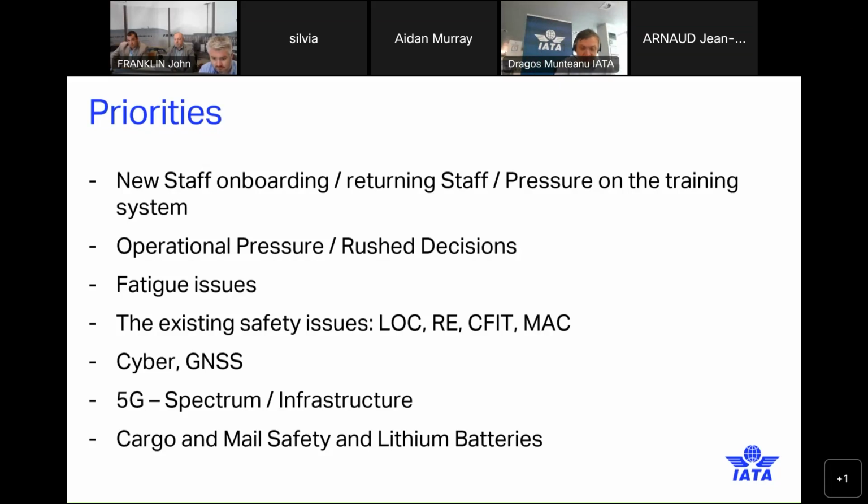This is very important to be managed by the nominated post holders that we know exist in all AOCs in Europe, and not only Europe. For instance, the crew training post holder works together with the flight operations post holder to make sure that training quality doesn't suffer. In most accidents, operational pressure and rash decisions are sometimes factors that contribute to an incident or an accident.